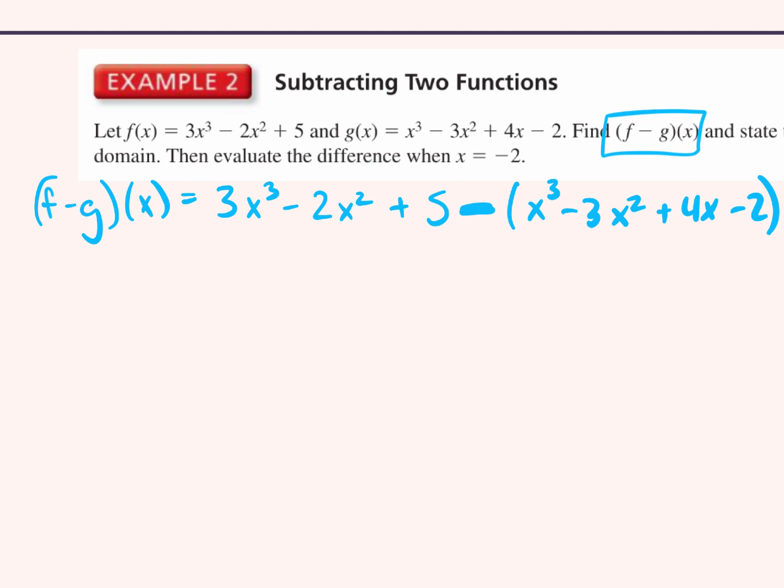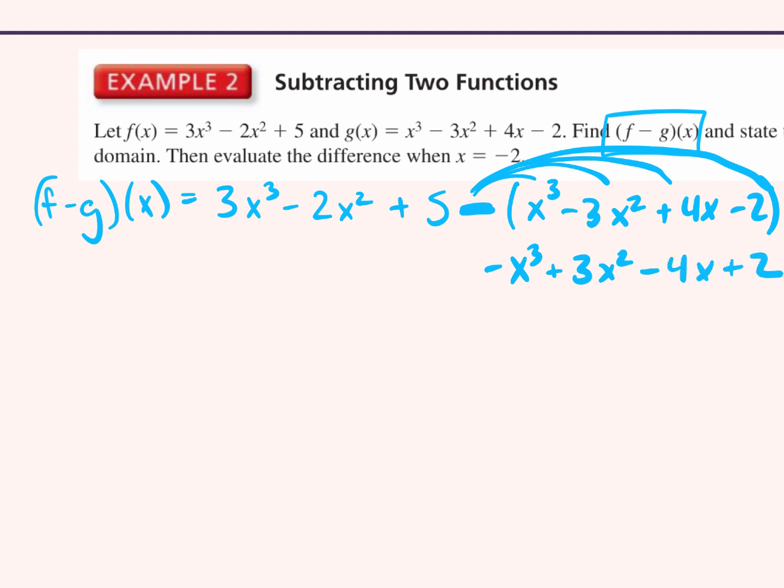Now what do I have to do next? Distribute the negative to everything behind it. And then what am I going to have to do? Combine like terms. Awesome. So I distribute the negative to everything behind, so all the signs flip, and then we can combine our like terms. What's 3x cubed minus x cubed? 2x cubed.